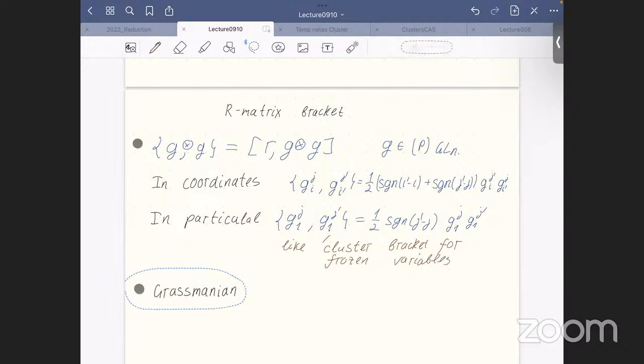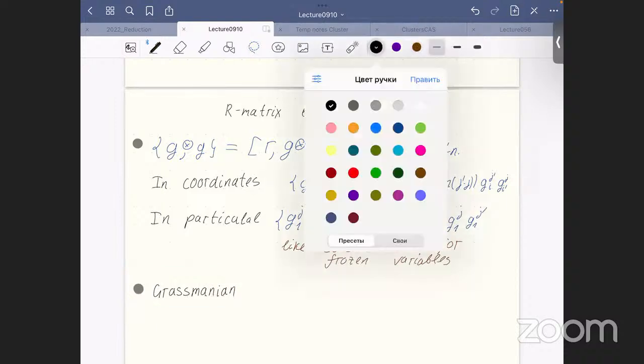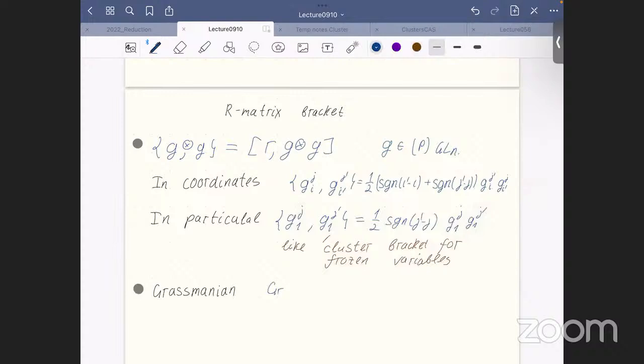Okay, let me return to the Grassmannian. The Grassmannian is a quotient of GLN by the parabolic subgroup P. Let me take the quotient from here.